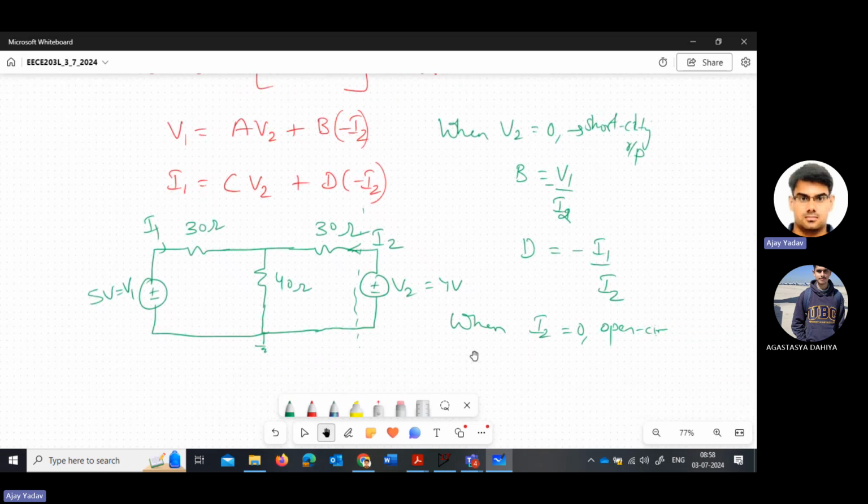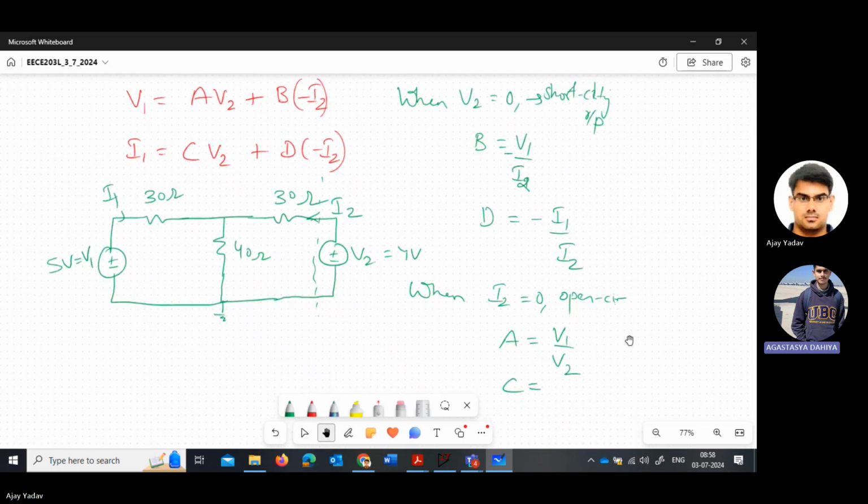We are not doing anything at the input. So here your A parameter is V1 by V2. C parameter is I1 by V2. Okay, so these parameters we can calculate like this.